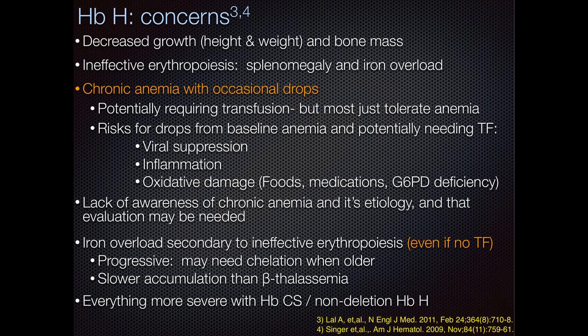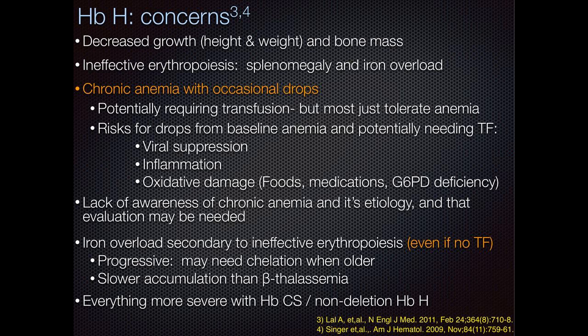And again, this was reviewed before, but I'll go over it again in brief. Some of it is about decreased growth, and I'll show some data about height and weight and bone mass, ineffective erythropoiesis, which can lead to a large spleen and iron overload. But the most common thing is the chronic anemia, and occasionally the anemia drops and gets even more severe.